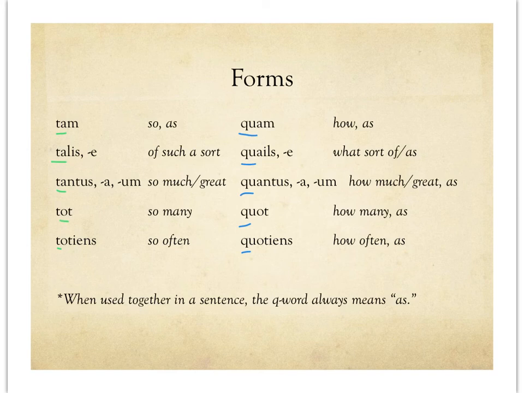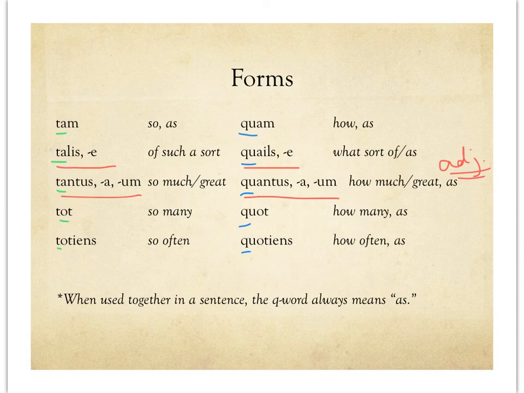You can see that these have forms for masculine, feminine, and neuter. So these are the ones that are adjectives because they'll actually be modifying nouns. And the other ones, tam and tot and totiens, are adverbs. And we'll see how that works out in a minute.